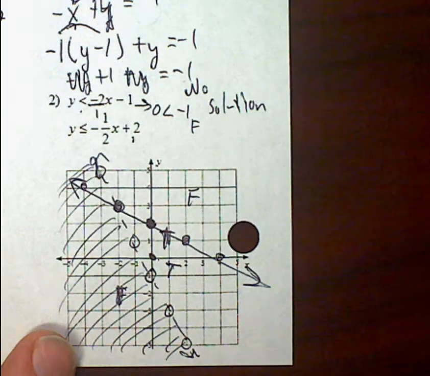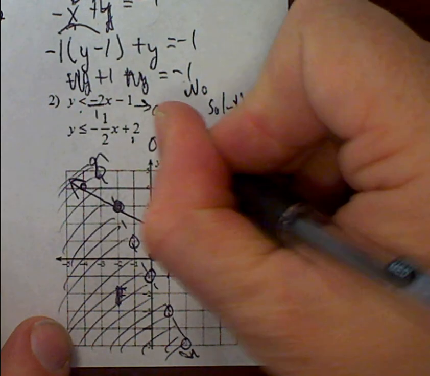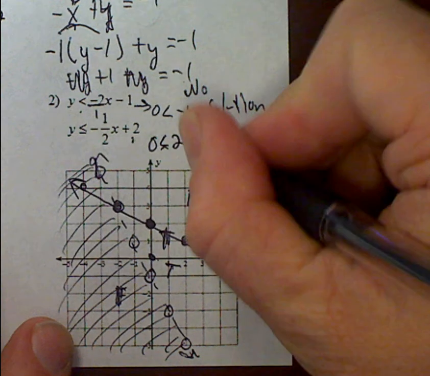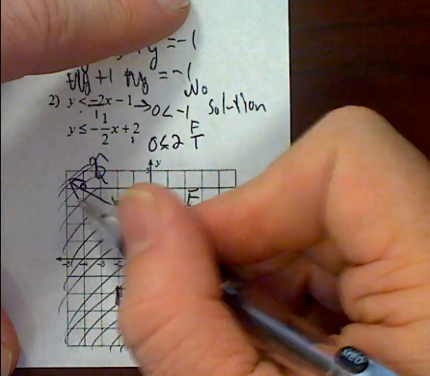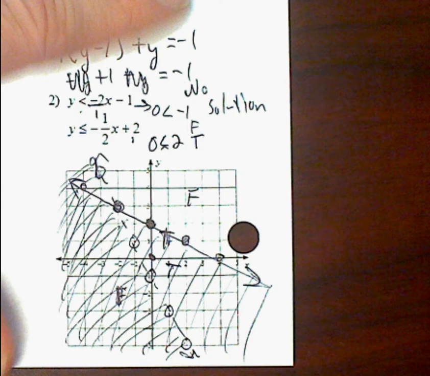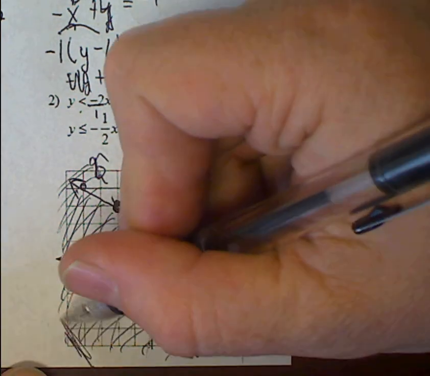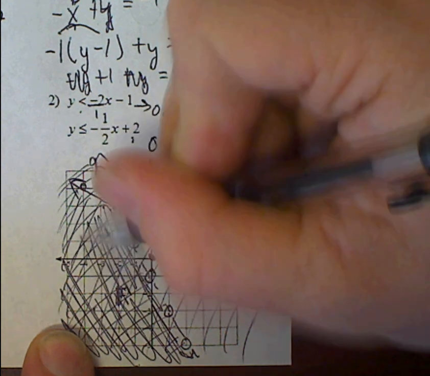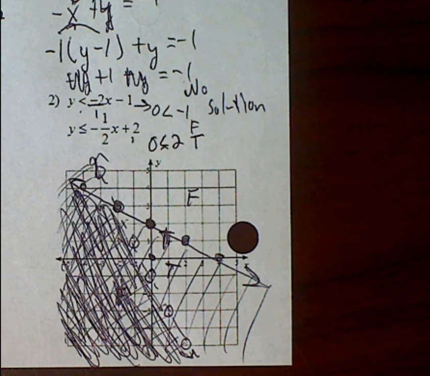This side becomes my false side. Okay? Is 0 less than or equal to 2? That is true. If that is true, my true side is here. So, I'm going to shade. Where are the two shades connecting? This is where they are connecting. And we are done.